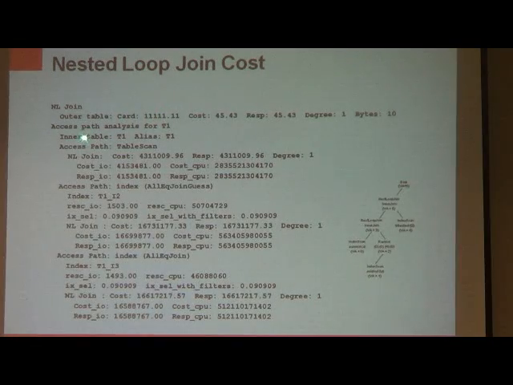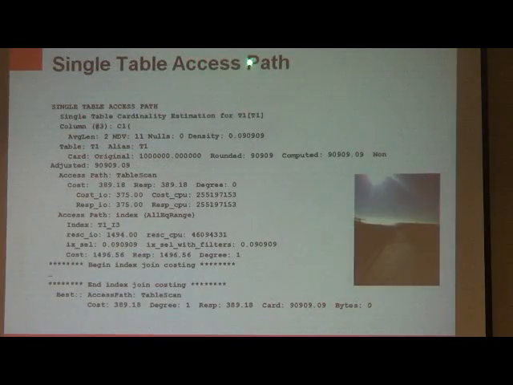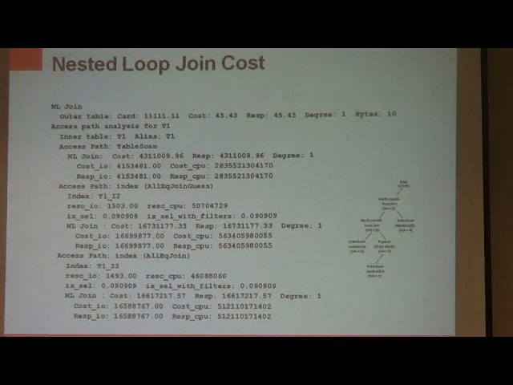So for the inner, it's going to show me on the prior pieces where I see the single table access path, I will see what is the cost for the inner one time. And then I multiply that by this number, and I end up having what will be my total cost for the nested loop. So the cost of my nested loop will include the cost of the outer one time, plus the cost of the inner as many times as the cardinality of the outer.